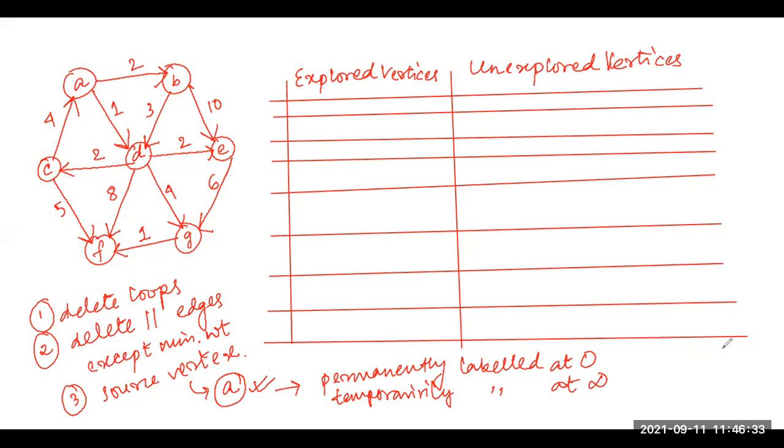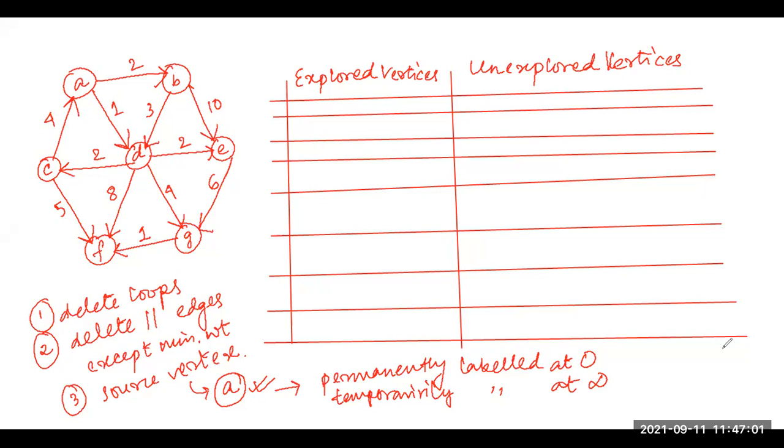And step by step, when I find the minimum path from my source to another vertex, I will calculate and update the weight of my vertices. How I will calculate and update, we will be learning. And this procedure will go on until I have finished visiting all my vertices.